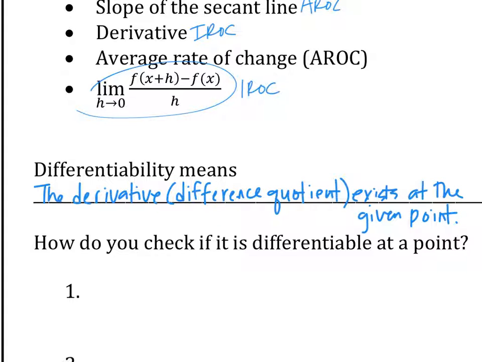So simply, differentiability just means that there is a derivative at that point. Someone asks you, is it differentiable at x equals 2? You're just saying, is there a derivative at 2? If someone says, is this function differentiable? They're saying, does every point have a derivative? That's exactly what it means.